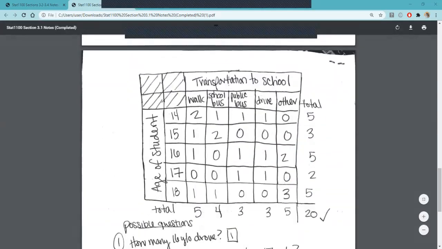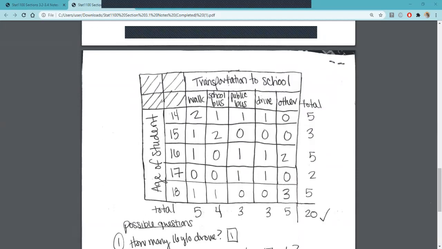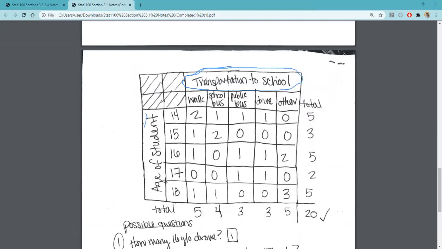Notice if we're looking at the table, the way that I constructed it is I have one variable at the top. This is the transportation that they took. And then I have one variable on the side. So here I have the age of the student. And we can see the possible options for transportation and the possible ages.